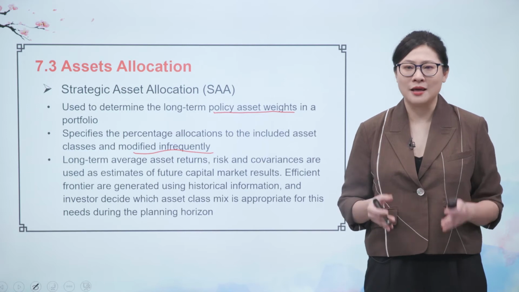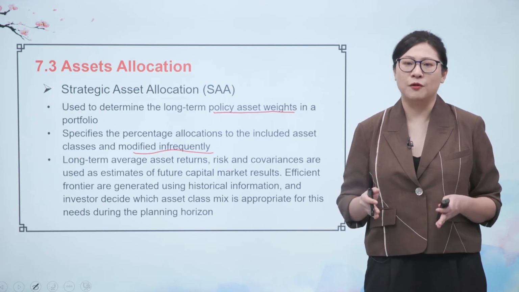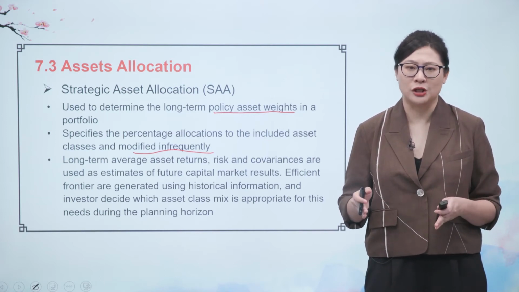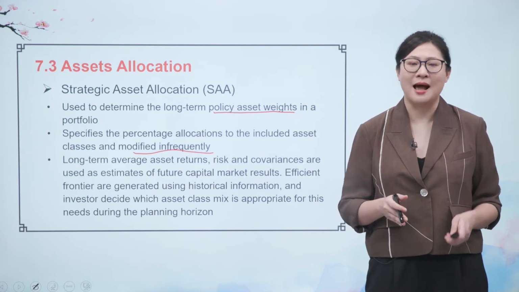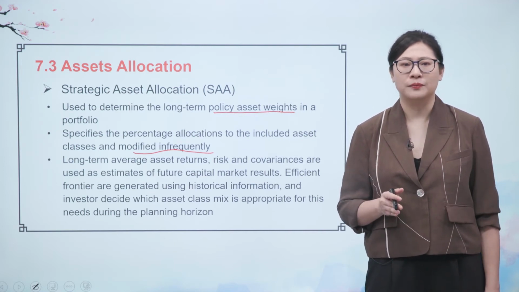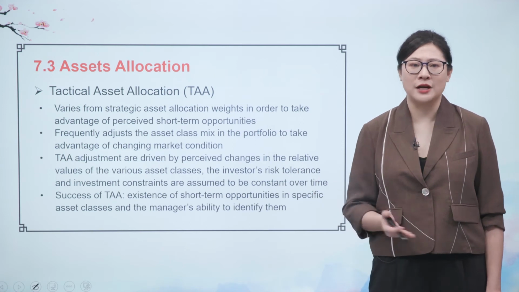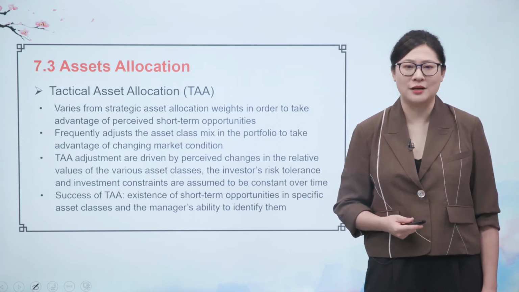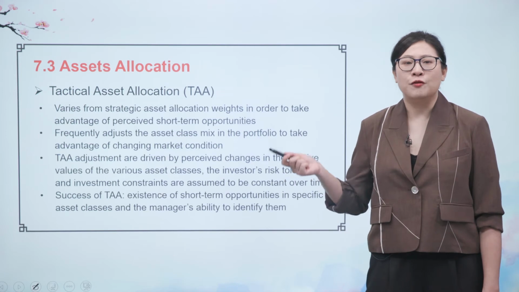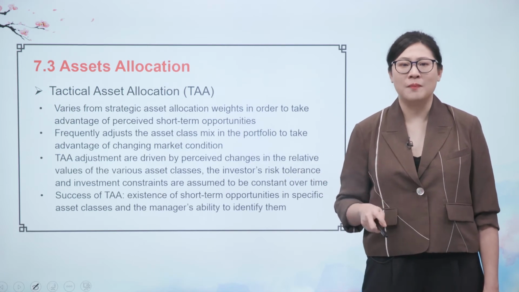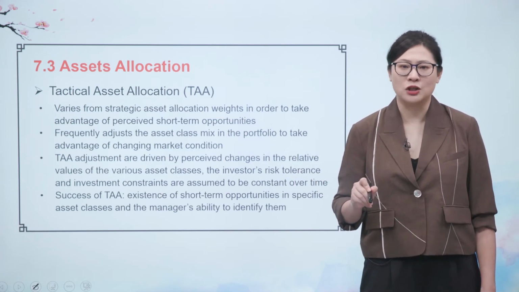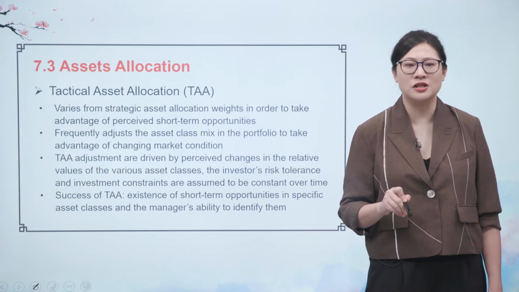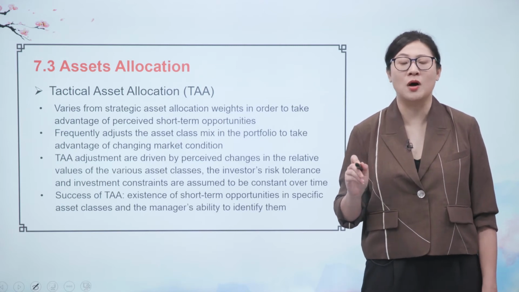So when doing any active portfolio construction, you need to decide what the SAA is for your portfolio. And the next part is tactical asset allocation, TAA. For TAA, it varies from the strategic asset allocation weight in order to take advantage of perceived short-term opportunities.